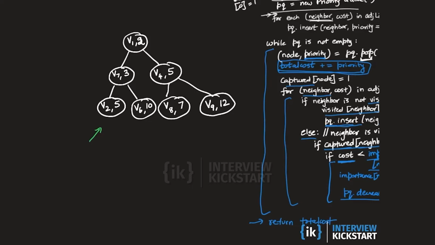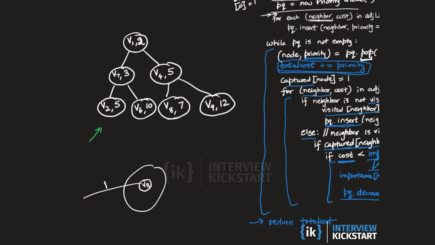And let's say that at some point during the execution of Prim's algorithm, we find an edge going across to the right partition, which goes to V8, and the current priority value of V8, as you can see, is 7. But let's say this edge had a weight of 1. So this means that the priority value of V8 needs to be updated to become 1.